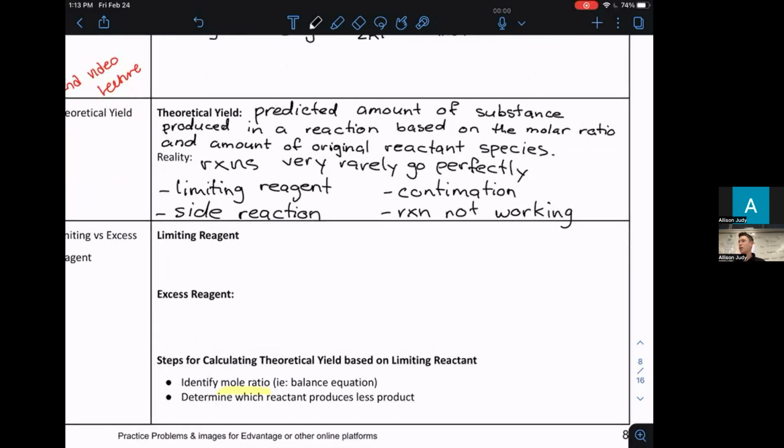So one of the things we mentioned here is the limiting reagent. And the definition of that is the chemical species that is totally consumed. Wait, that's excess. Oh, never mind, sorry, I'm confusing myself. The chemical species that is totally consumed within a reaction.